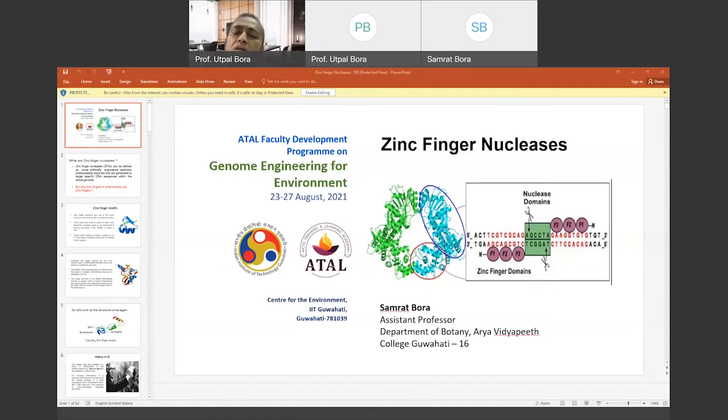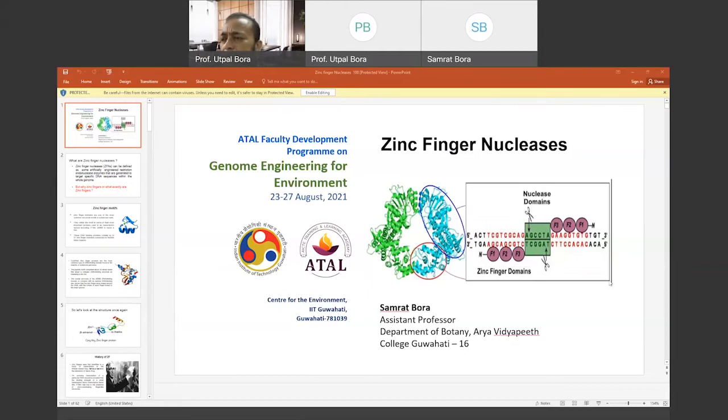Now these DNA binding zinc finger proteins contain up to 37 zinc finger domains, which are connected by flexible linker regions. These are the linker regions which are connecting here.